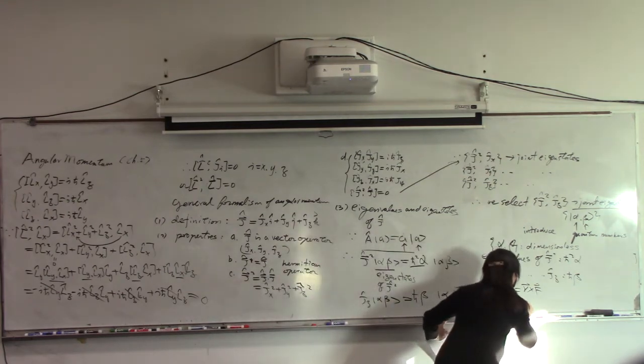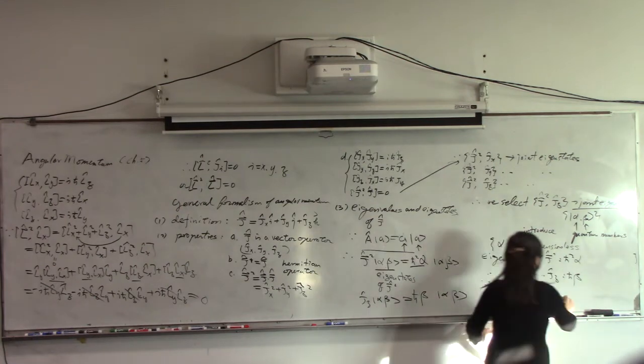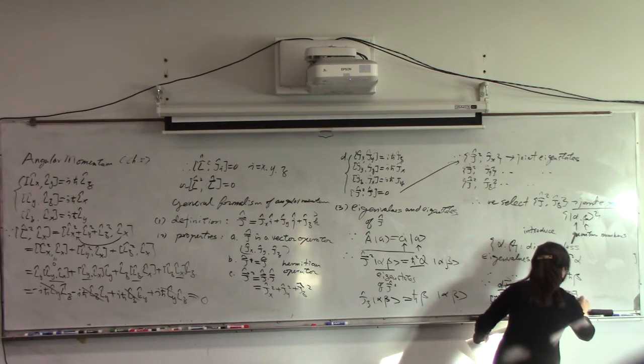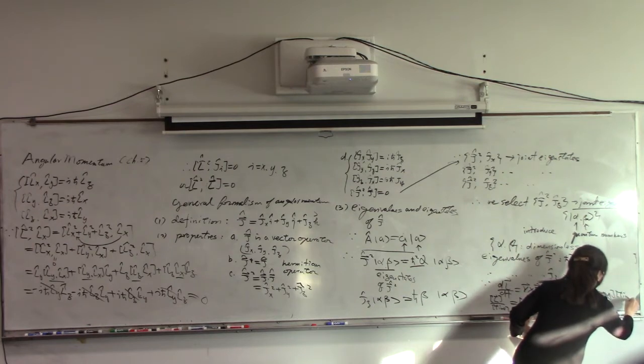So that is energy here. Therefore, the dimension of angular momentum is energy multiplied by time. And that is really h bar, right?